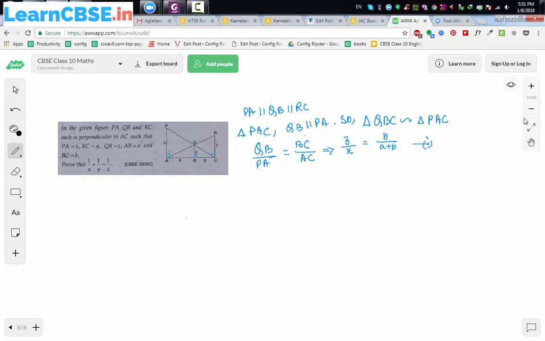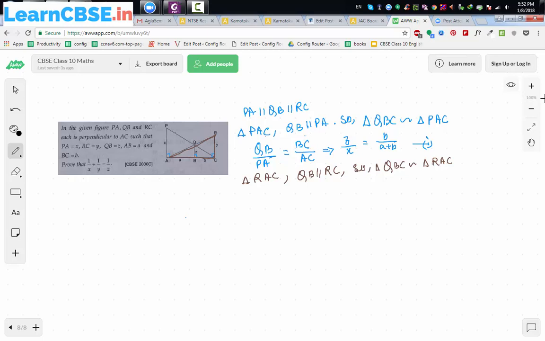Let's choose one more triangle, that will obviously be RAC, in which again QB is parallel to RC. So we can write the triangle QBC is similar to the triangle RAC.